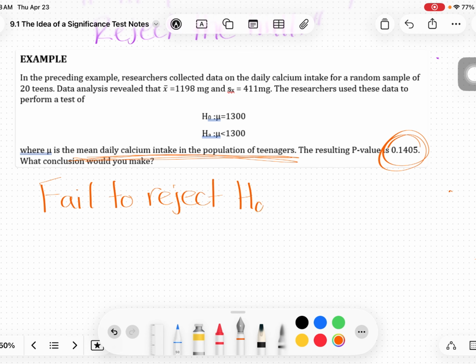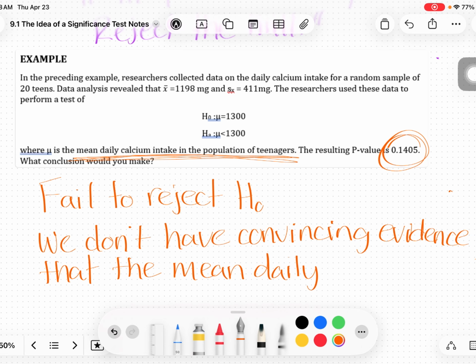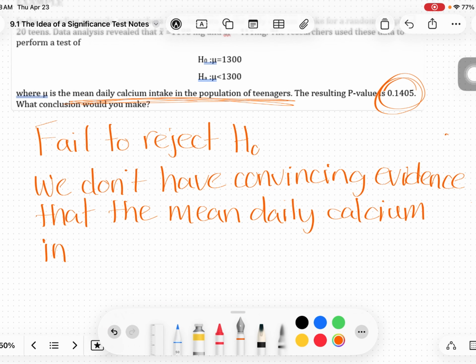And since we're failing to reject, we would say we don't have convincing evidence that, and then we're going to use our context, the mean daily calcium intake is less than what we said it was.